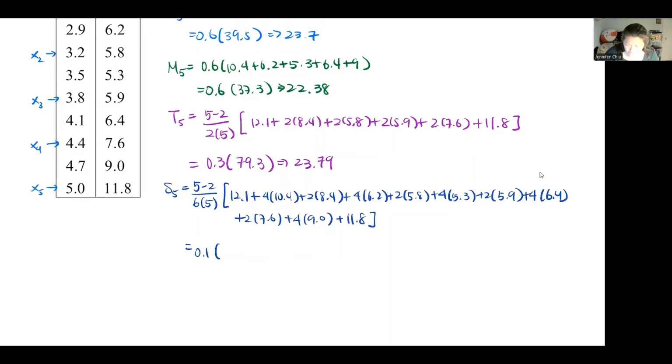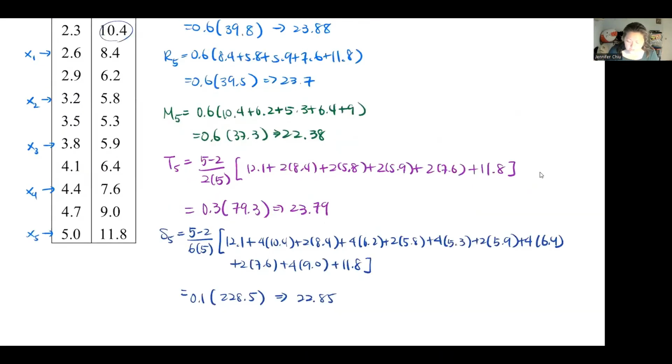Watch what you're typing in. This is where it gets a little sticky. If you don't punch it in correctly, you're not going to have a very good answer. So I get 228.5, which is 22.85. Okay, so let's check.